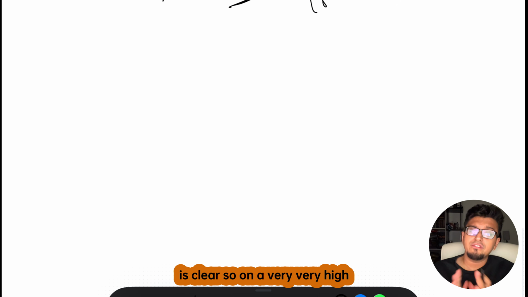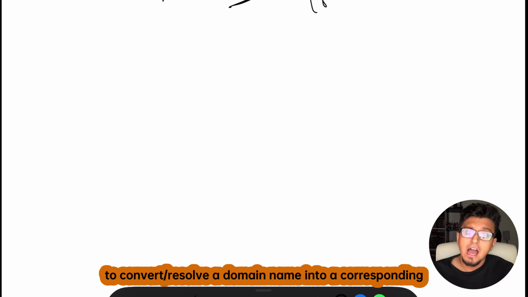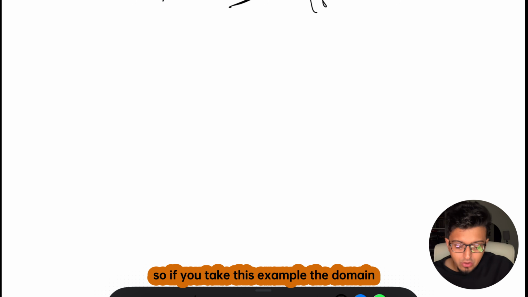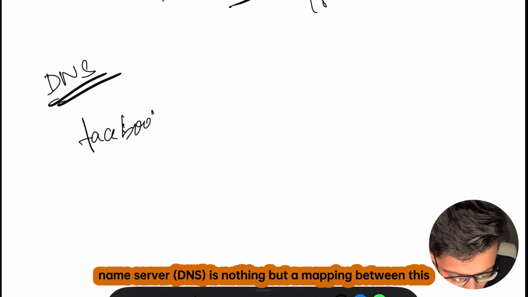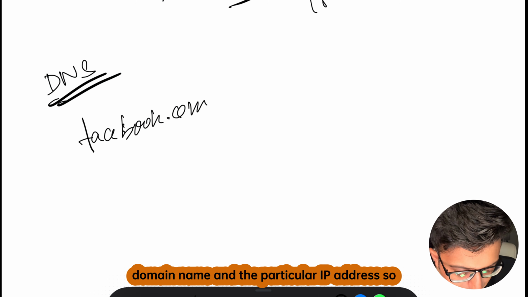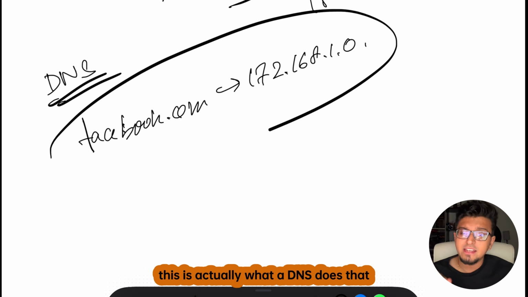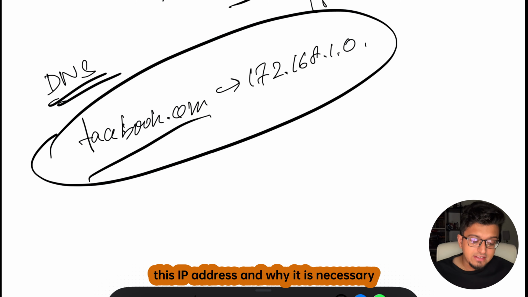So on a very high level, the main functionality of DNS is to convert a domain name into the corresponding IP address where the backend system is hosted. So if you take this example, the domain name is mapped to a particular IP address. This is actually what DNS does: the conversion of the domain name into the IP address.